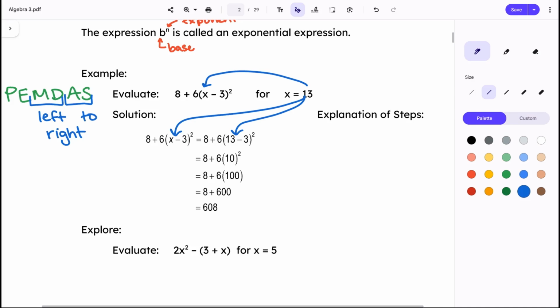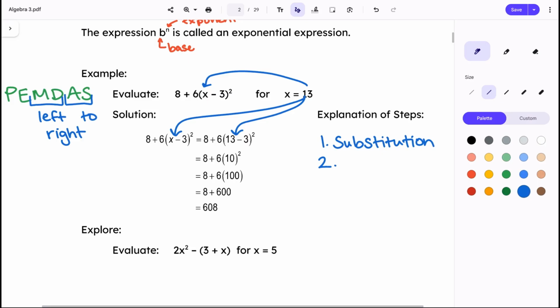Anytime that we plug in something, that's just called substitution because you're replacing the letter with an actual number. So for this step 1, I'm just going to say substitution. Okay, what did they do next on step 2 to go from that first statement down to the second one?